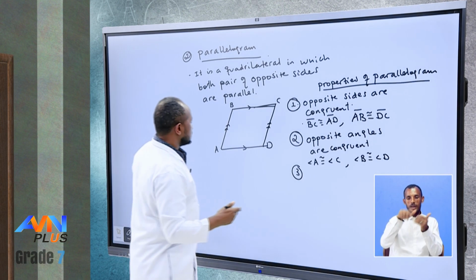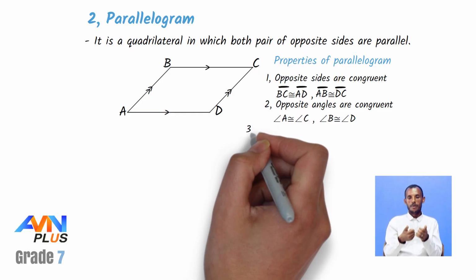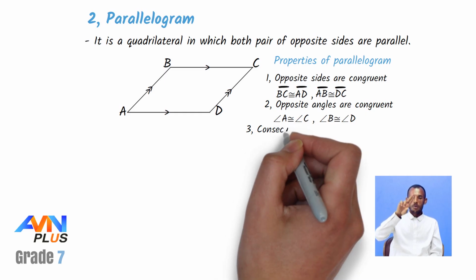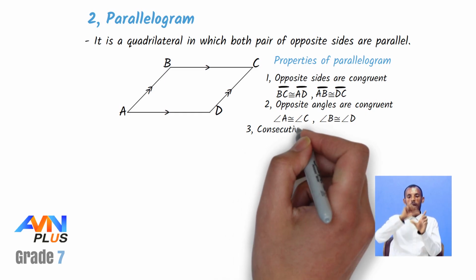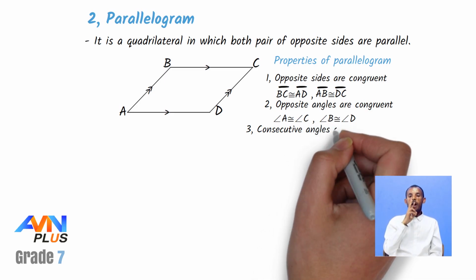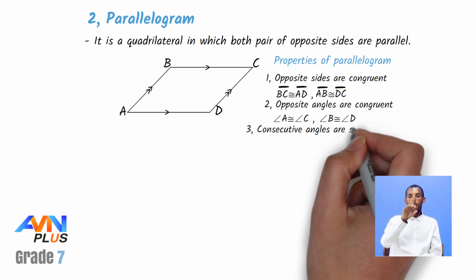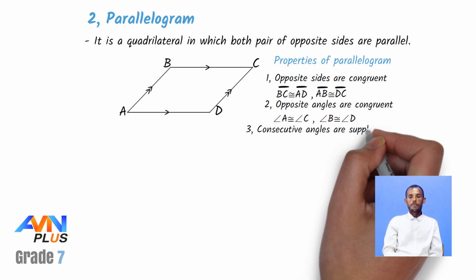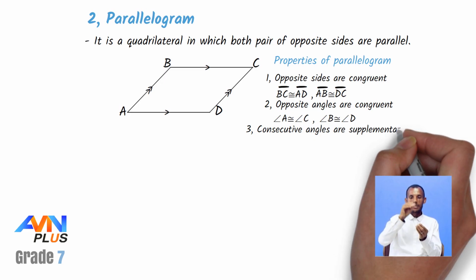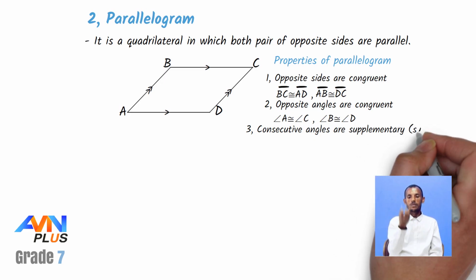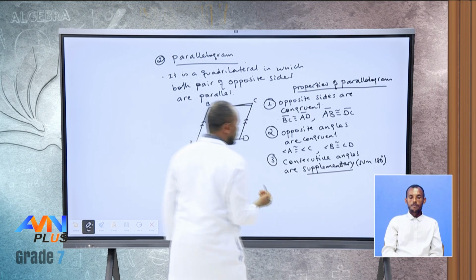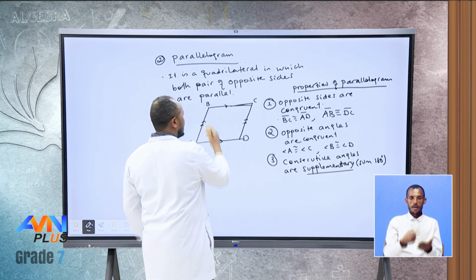Therefore, consecutive angles are supplementary. Supplementary means whose sum is 180 degrees. So here A and B are consecutive angles.